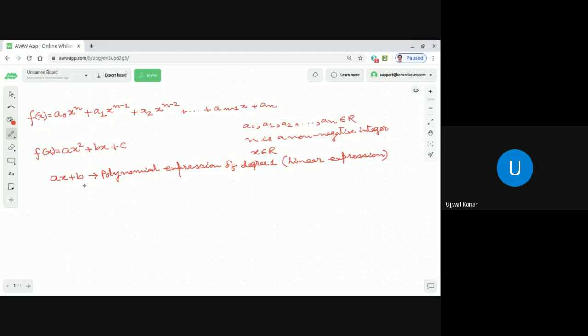Now, if we get something like this, ax square plus bx plus c, that is known as a polynomial expression of degree 2. When it is degree 2, that is known as a quadratic expression. Correct or not?